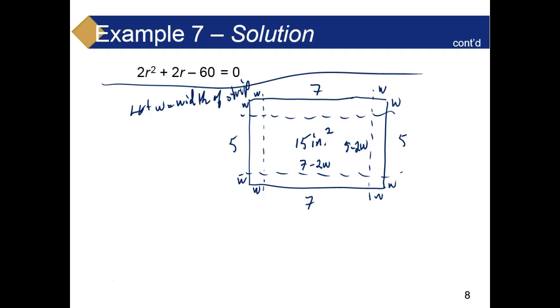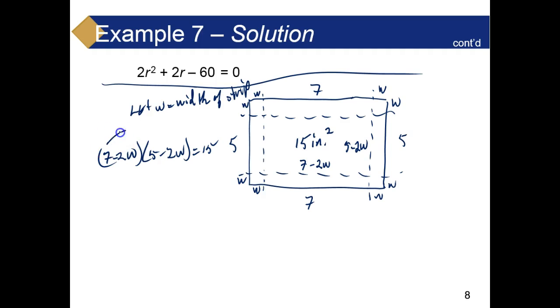Can you see an equation coming out of this? What? 7 minus 2W times 5 minus 2W equals 15 square inches. You got it. So what do we got to do first? FOIL it.